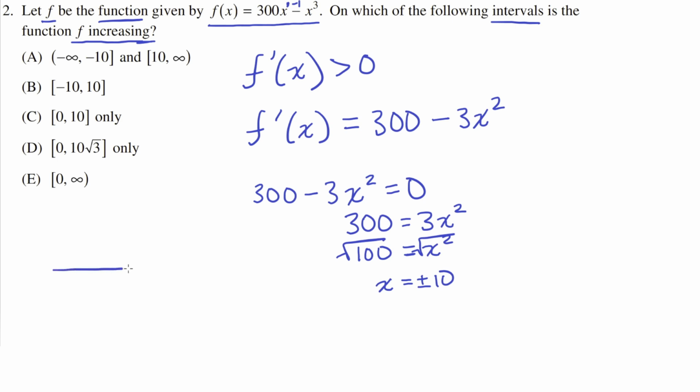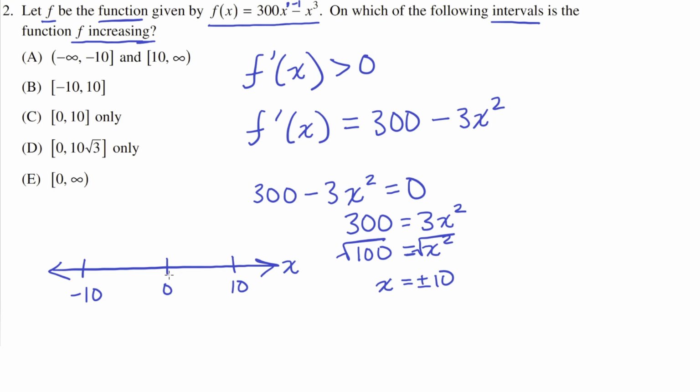So now let's draw a number line and label our critical points. We have one critical point at x equals 10 and another at x equals negative 10. Now, these are our intervals where we can determine whether f is increasing or decreasing.